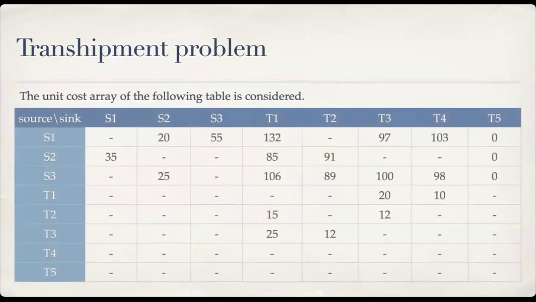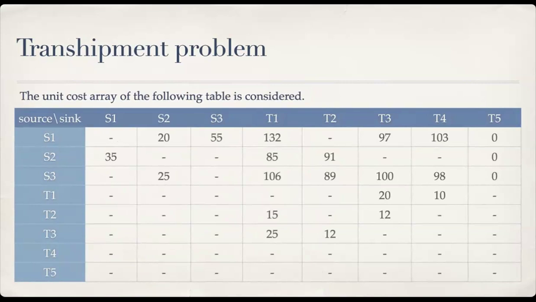Okay, this is the unit cost for the system shown previously. If you ship one unit of product from source S1 to S2, it costs 20.